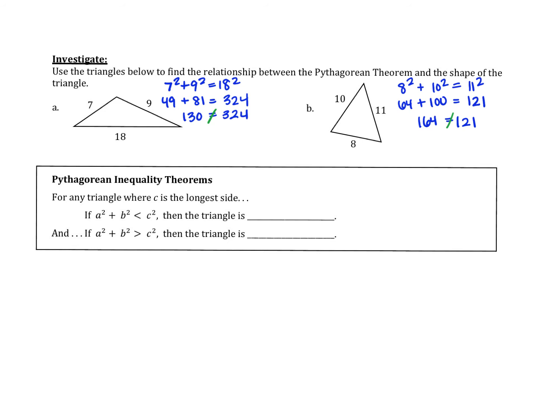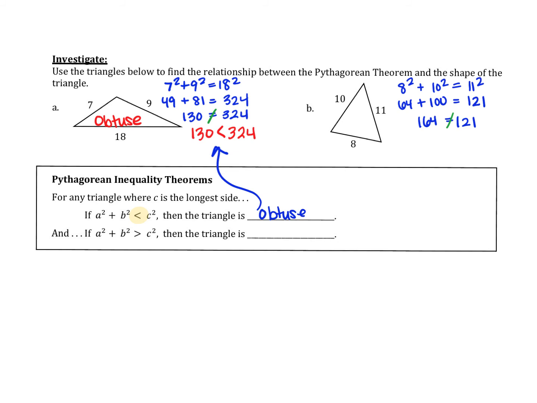So you look down, Pythagorean inequality theorems. So for any triangle where C is the longest side, if A squared plus B squared is less than C squared, then the triangle is obtuse. So if you look up here at letter A, 130 is less than 324. So that means that this is an obtuse triangle.